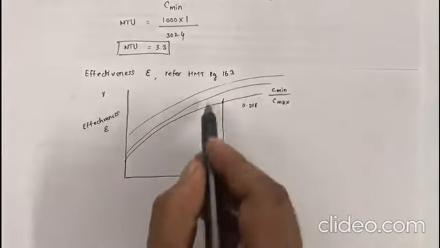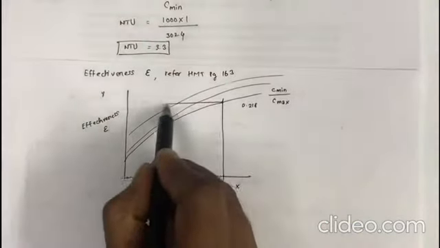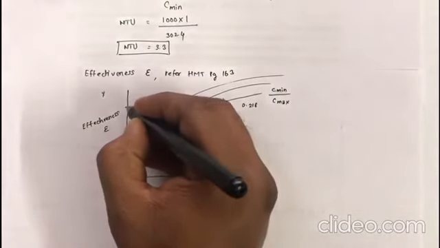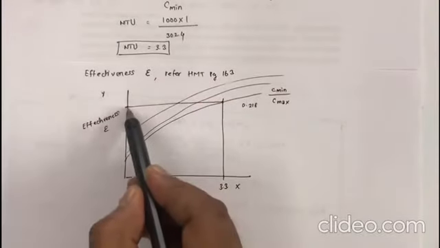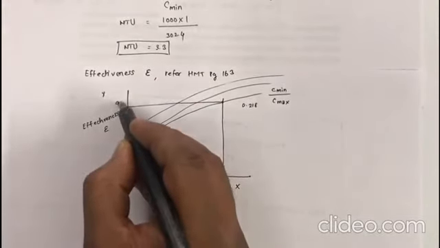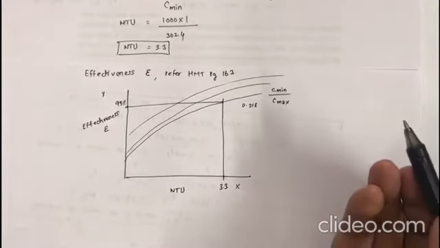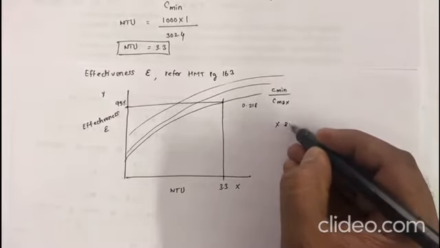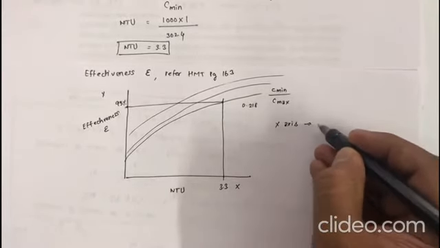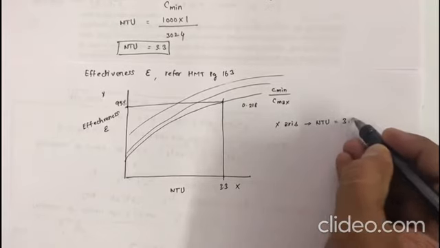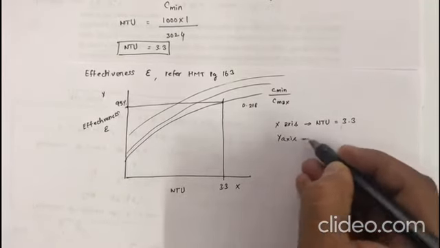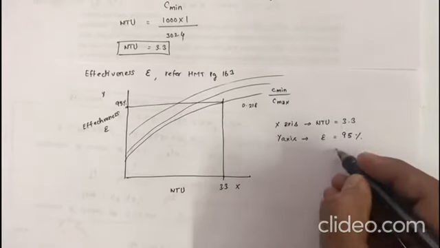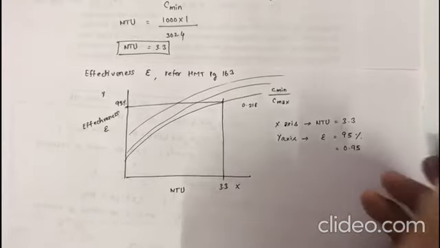Once you touch that curve, you draw a horizontal line touching the y-axis. The corresponding value here will give you the effectiveness, which will be 95% from your graph. So the x-axis represents NTU, which is 3.3, and the y-axis represents the effectiveness, which is 95%, or you can write it as 0.95 also.